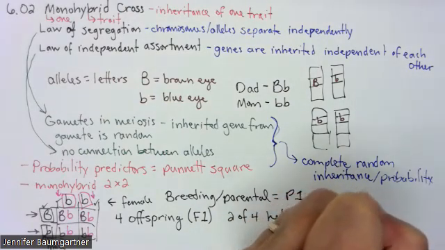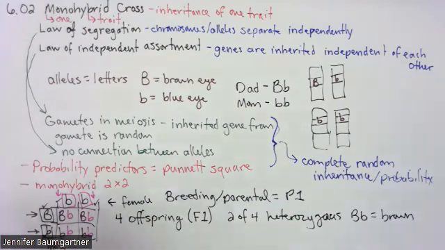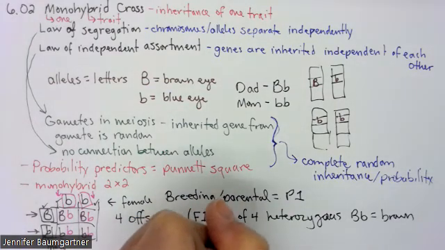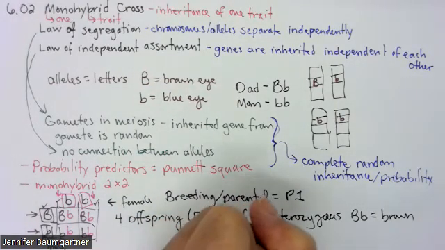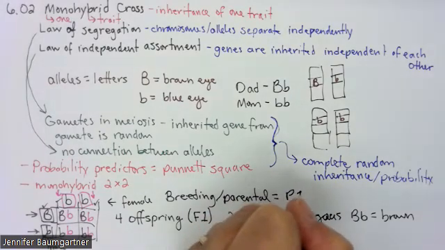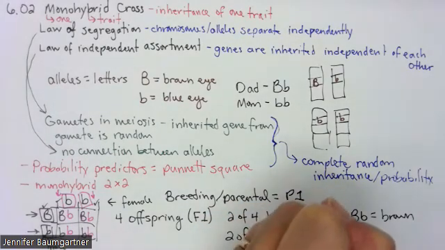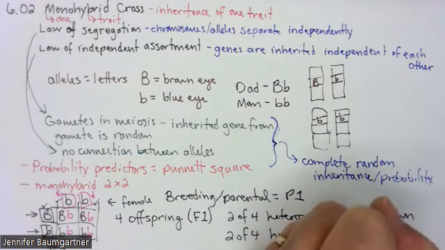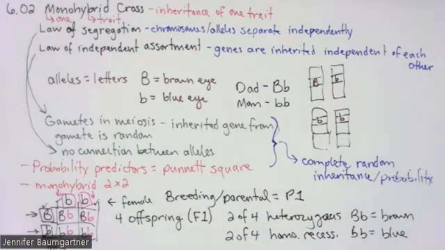Bb, which gives you brown eyes. 2 of the 4 will be homozygous recessive, blue eyes. So if you guys know your math, you know that if you take 2 divided by 4, that's going to give you 50%.